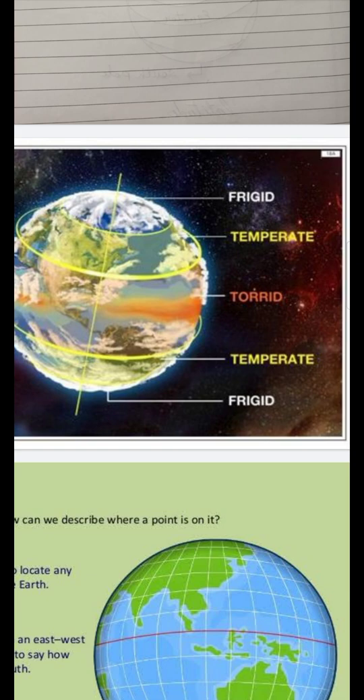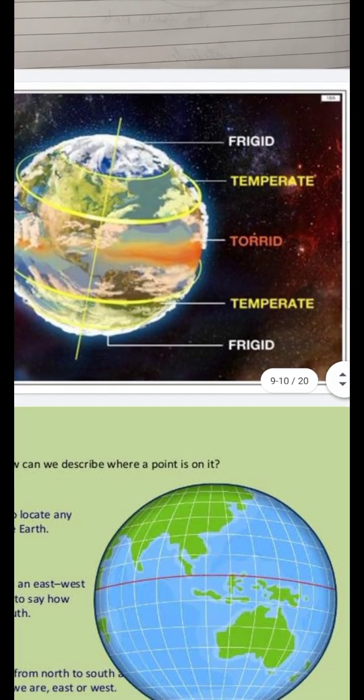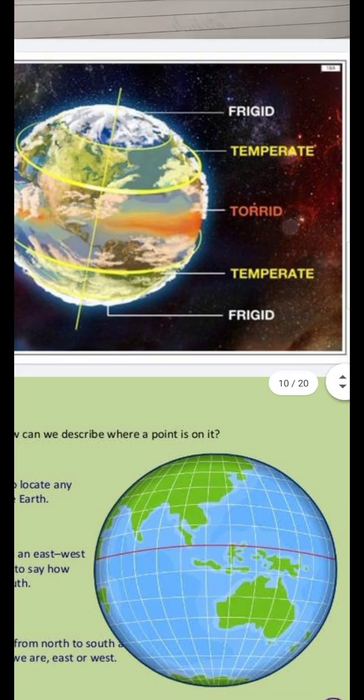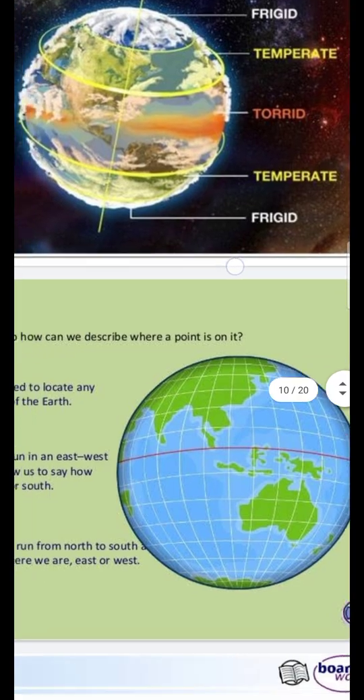After the Tropic of Cancer, the torrid zone appears, and after the torrid zone, the Tropic of Capricorn lies. That is normal to medium temperature. It is known as temperate. And now on the south pole, the frigid zone appears.